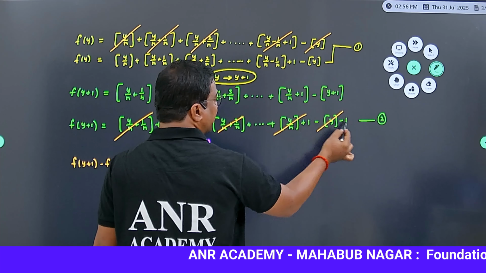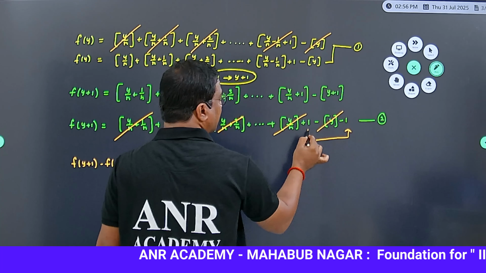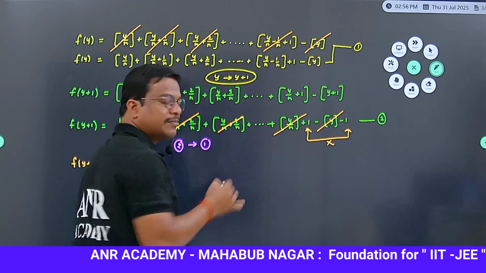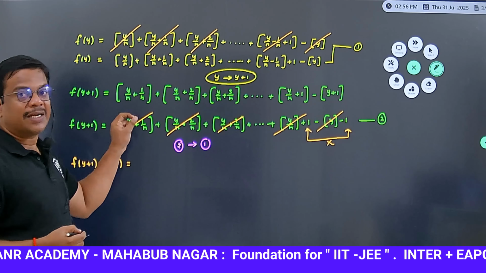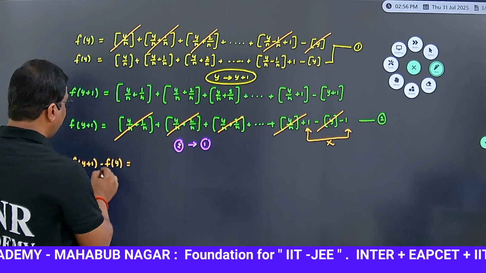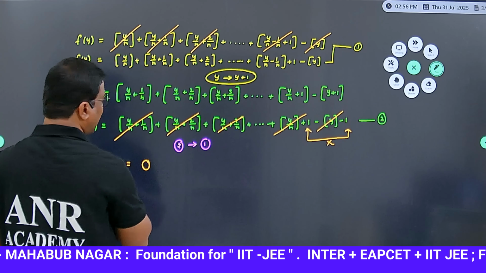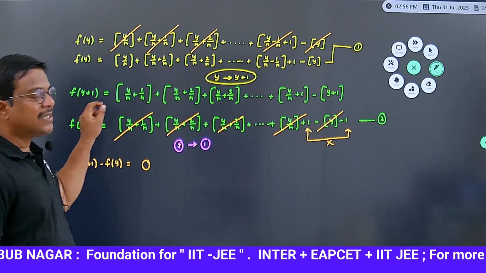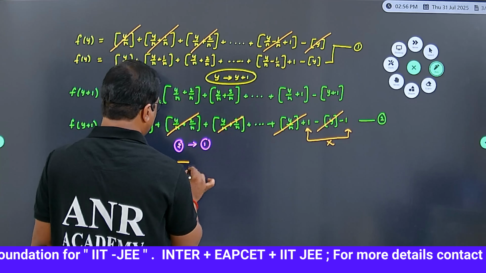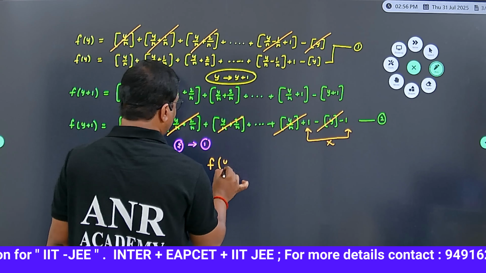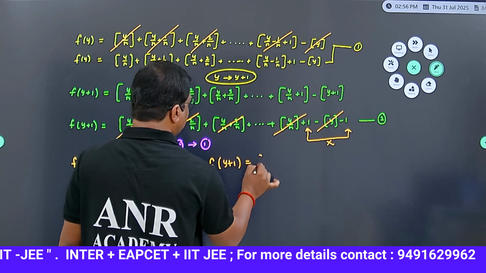Also plus 1 minus 1 cancelled. So finally, on subtracting 1 from 2, f of y plus 1 minus f of y becomes 0. Each and every term gets cancelled. That implies I can write f of y plus 1 equal to f of y.